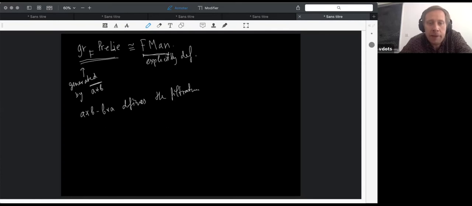So A star B individually lives in F0, B star A lives in F0, but the difference lives in F1. So in the associated graded, the PreLie product becomes commutative.